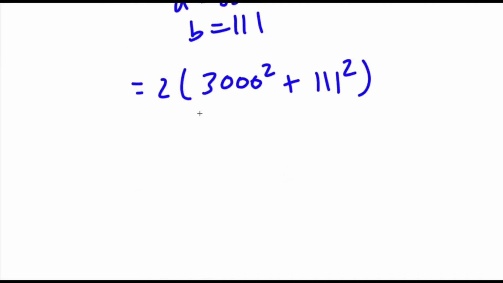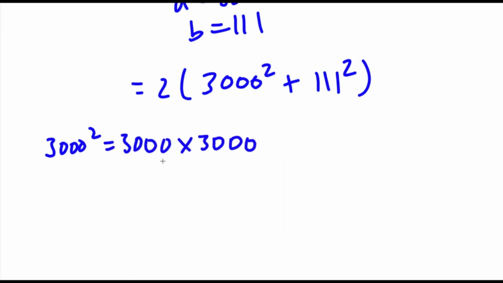Now 3,000 squared is the same thing as 3,000 times 3,000, right? And you may think this is hard because it's a 4-digit number times a 4-digit number, but we can actually for now ignore the zeros and just do 3 times 3. That would give us 9, right? And then we simply add all the zeros after. So we're going to add 1, 2, 3, 4, 5, 6 zeros. So our answer here is going to be 9 million.